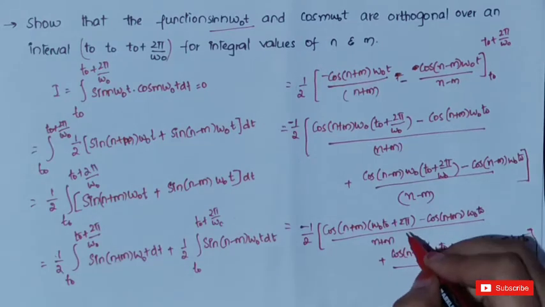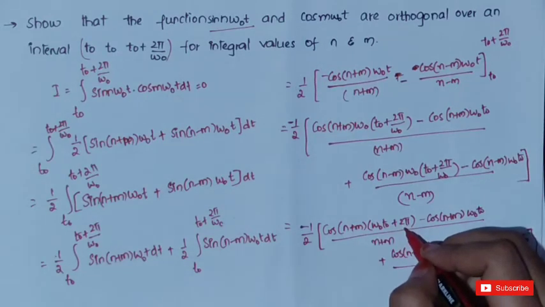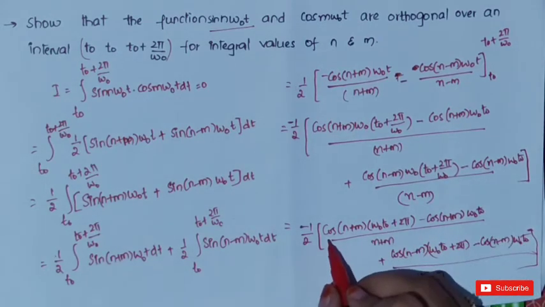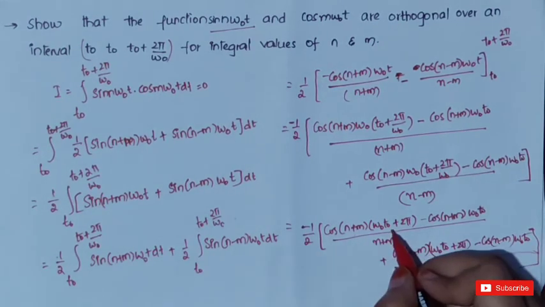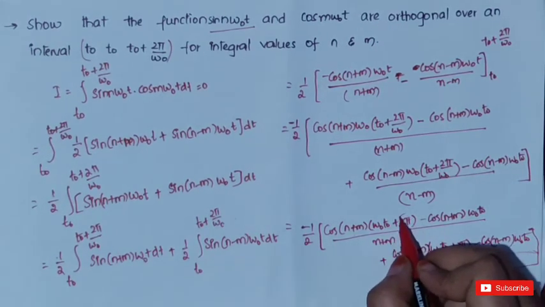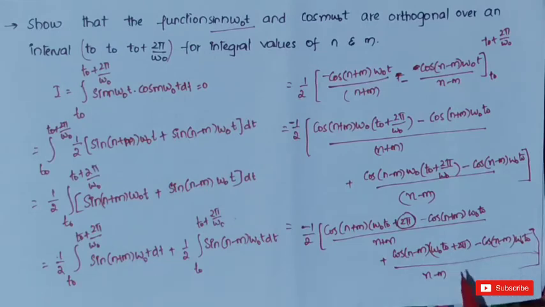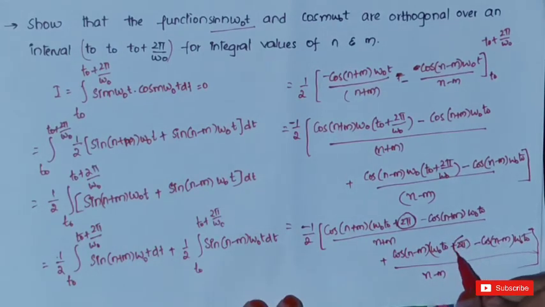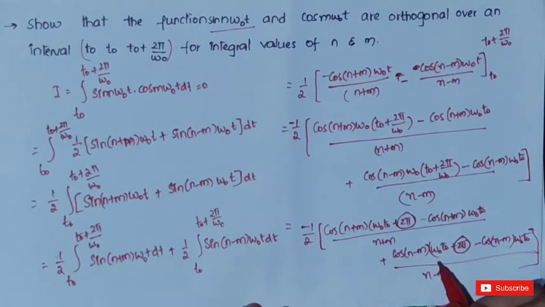Since it is cos of 2 pi plus theta, it will be cos theta, so it will become cos of (n plus m) omega naught t naught. So this 2 pi will be eliminated. Here also this 2 pi will be eliminated since cos of 2 pi plus theta is cos theta.